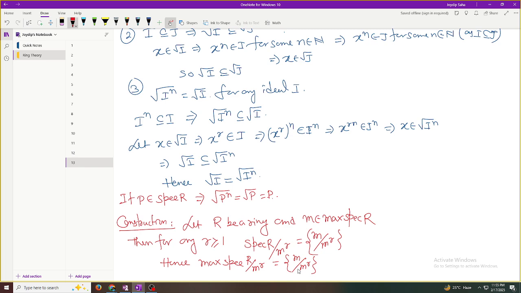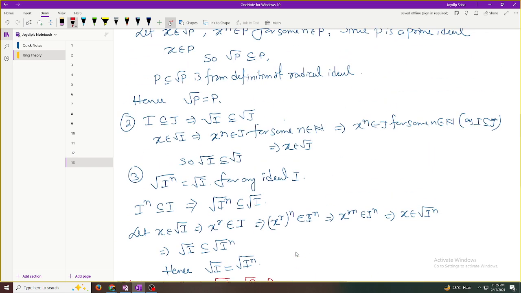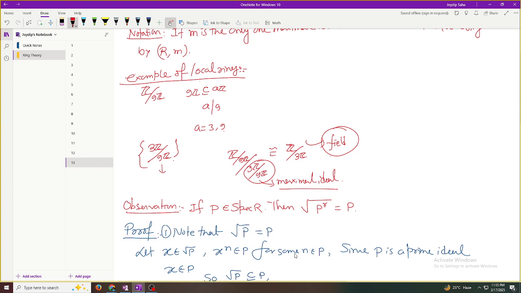In this example, I will prove it. This is Z, and you have 3Z is the maximal ideal in Z, because Z mod 3Z is a finite integral domain, so it is a field.